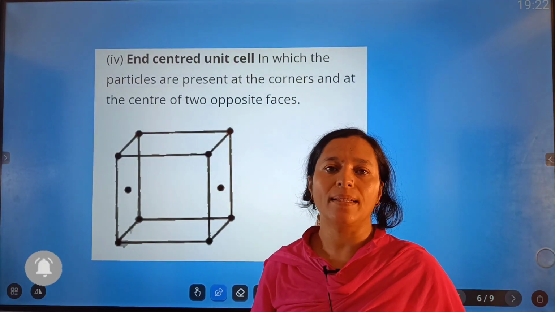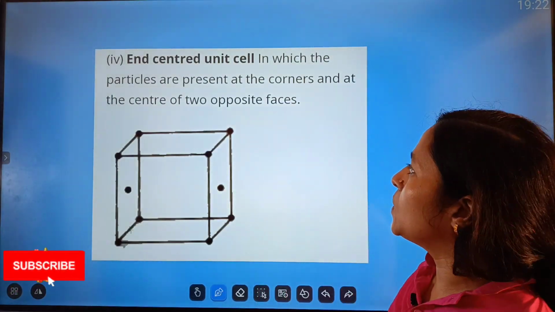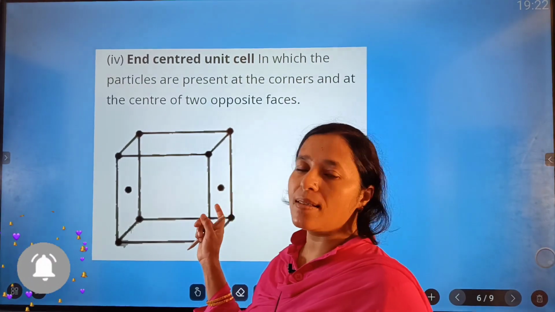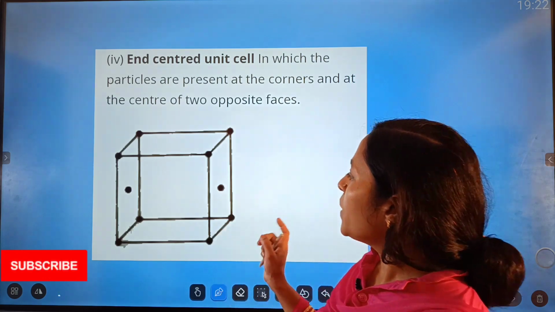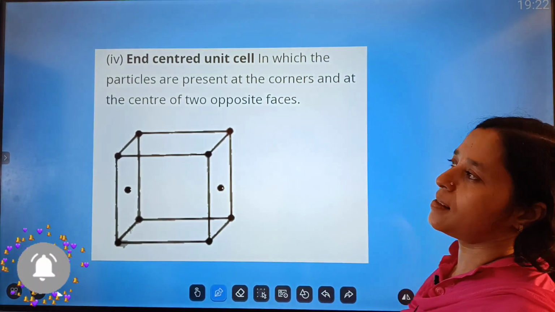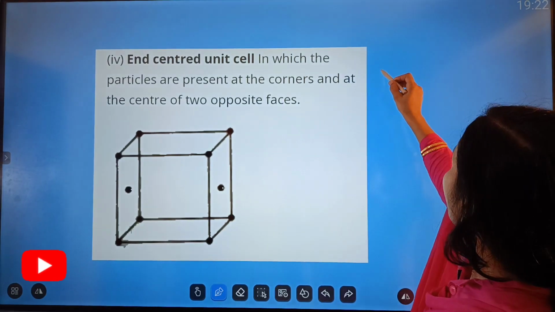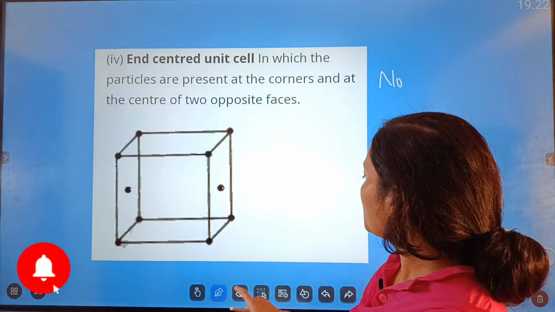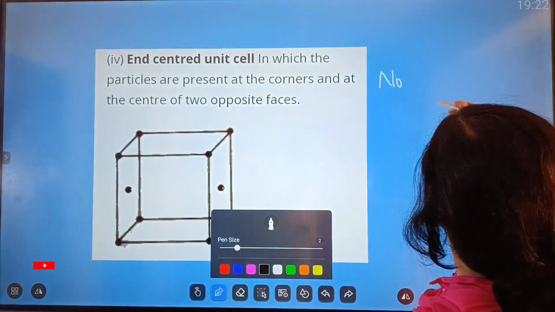Now let's take up another, the end centered unit cell. You can see in the figure that 8 atoms are present at the 8 corners, and you can see these 2 atoms are present at the 2 faces. So how will we calculate the number of atoms in it? Just see.